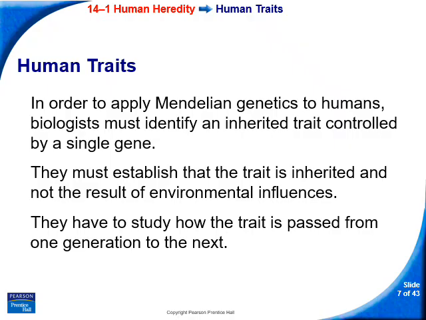They have to study how the trait is passed on from one generation to the next, which is pretty much not anymore a magic trick. We know already how they are being passed on.